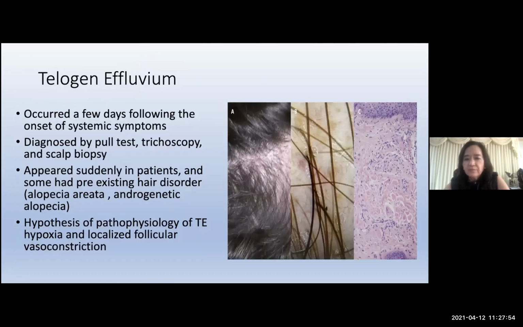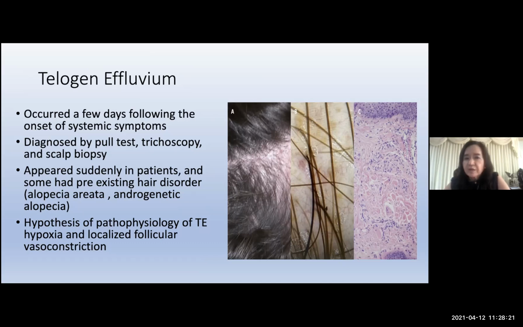Telogen effluvium. I think this doesn't belong to either the reactive or the vasculitis type of classification. However, I've included it because I think it serves a lot of interest. So what happens? It occurs a few days following the onset of the systemic symptoms.